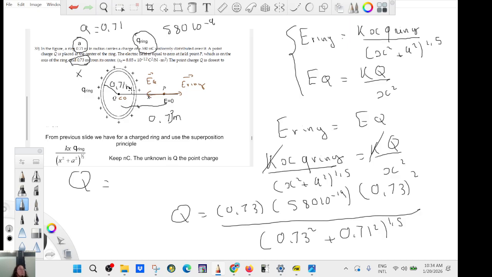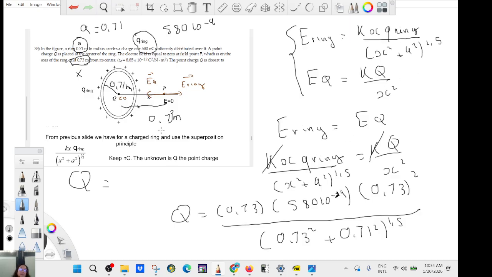Any question? Right, so what do you get? You do 0.73 cube, enter, times, open the parenthesis, 580. It's not a 1 here, it's a nano. So nano is 10 to the negative 9. Enter, divide by, open the parenthesis, 0.73 squared plus 0.71 squared raised to the 1.5.